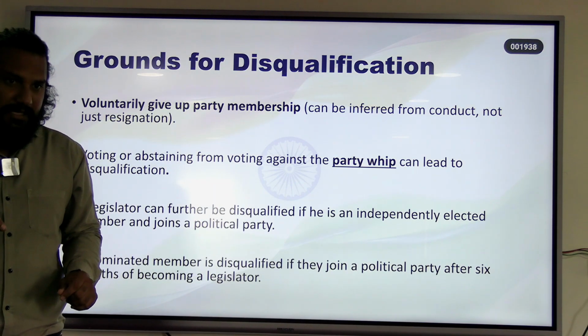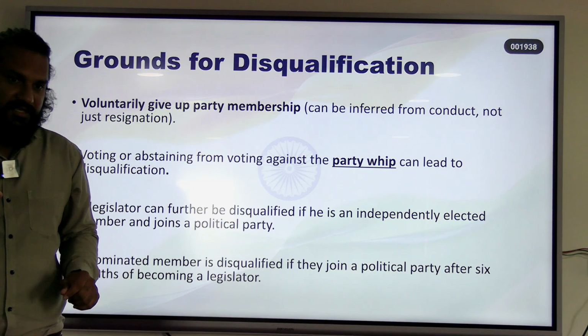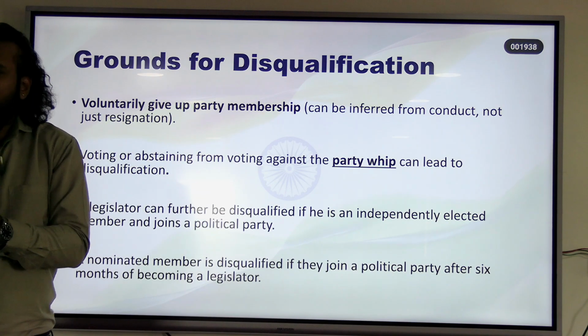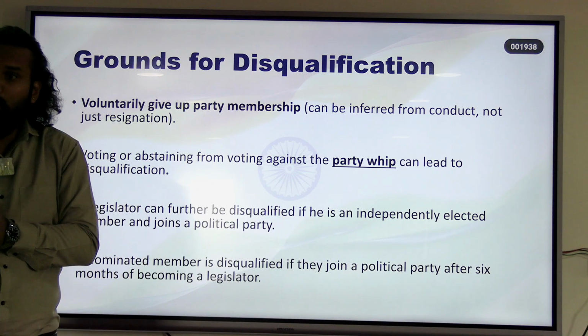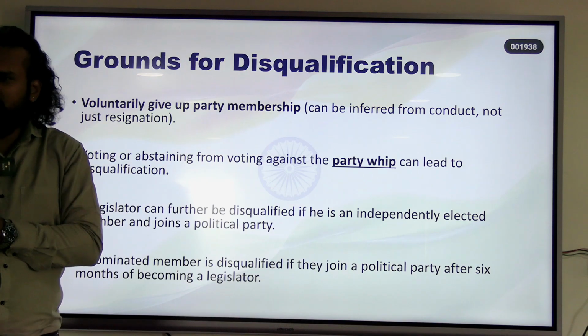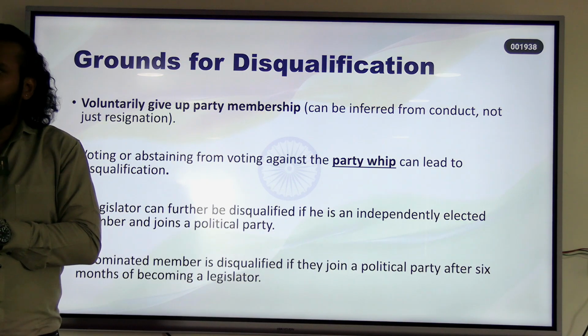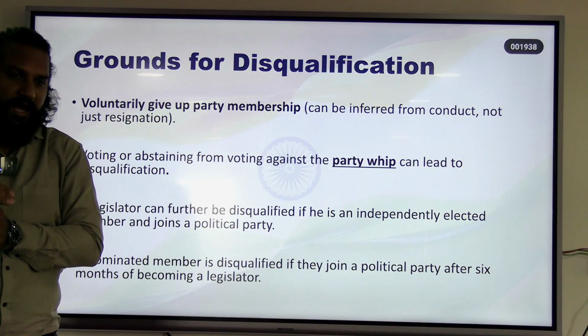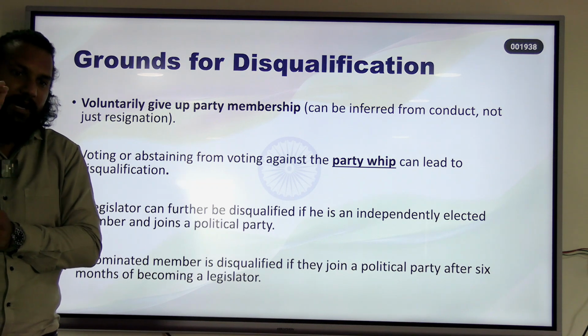Every political party in the house of legislature has a political whip, who monitors the discipline of the party's legislators and makes sure they follow the instructions given by the party.